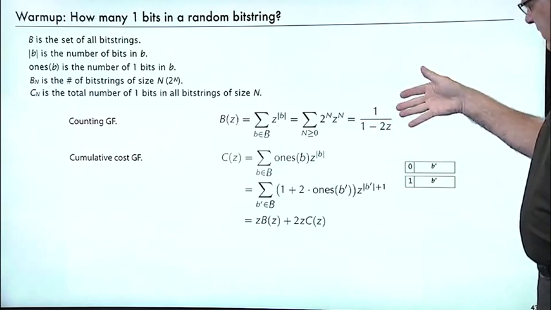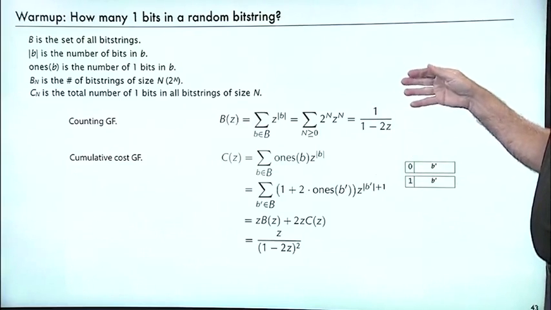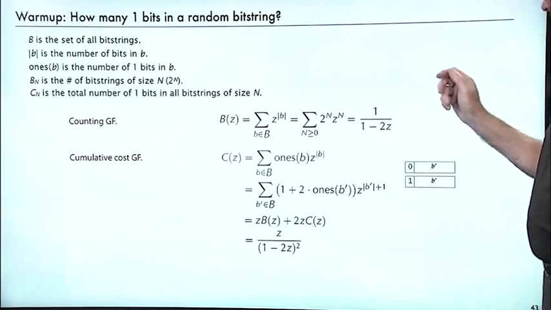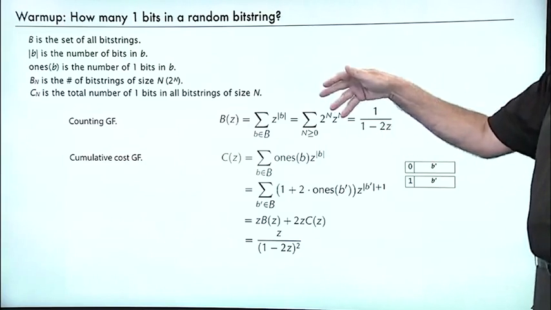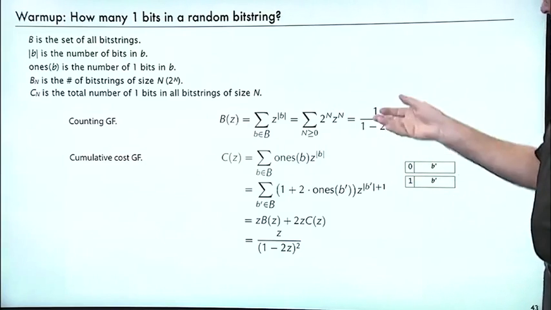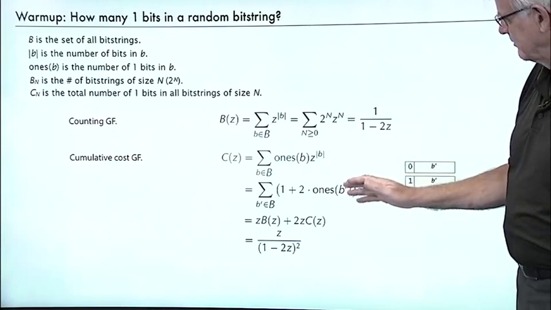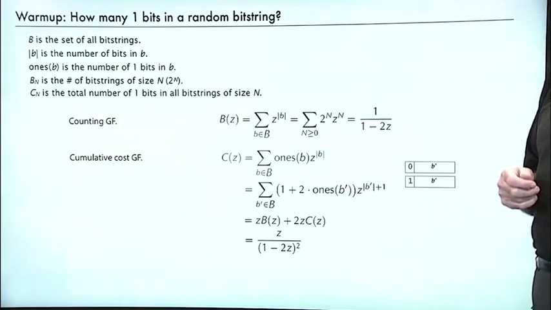And we've got what B of z is, and so we can just solve that equation. z B of z is z over 1 minus 2z, and we bring 2z C of z over to the left-hand side, so we divide by another factor of 1 minus 2z. And so that's a proof that C of z is equal to z over 1 minus 2z squared.